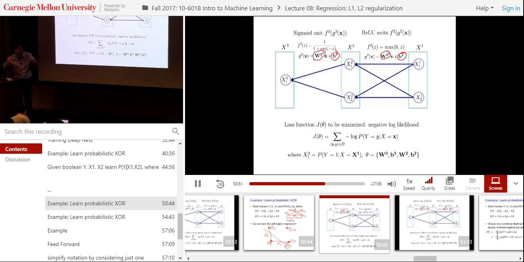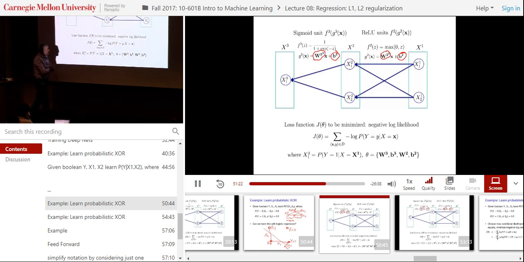And those are all the parameters in the network. So I'm going to have to learn one set of these parameters for this unit and two sets of those parameters, one for this unit and one for that. Okay, so I would say this network has 3 units. This is the output of the first unit, the output of the second unit, the output of the third unit. And so, does it make sense?